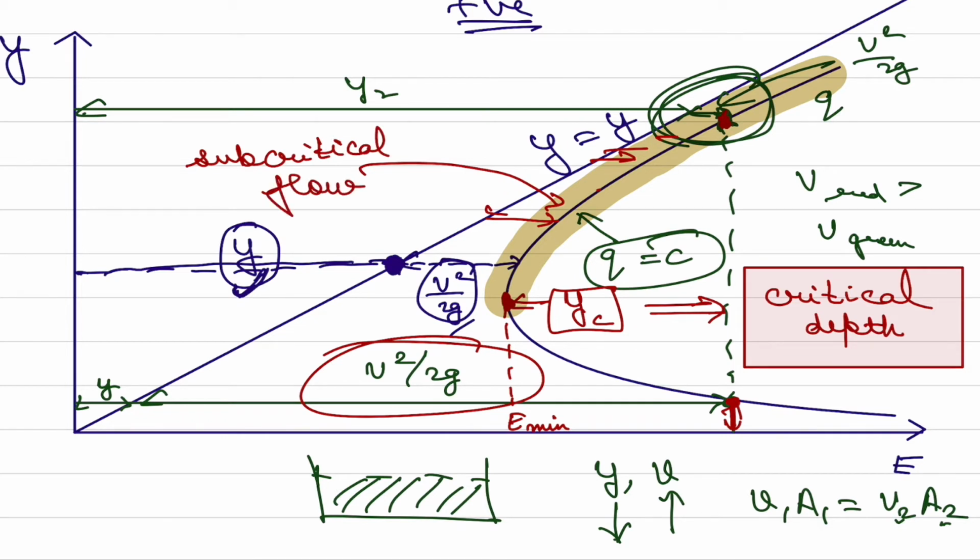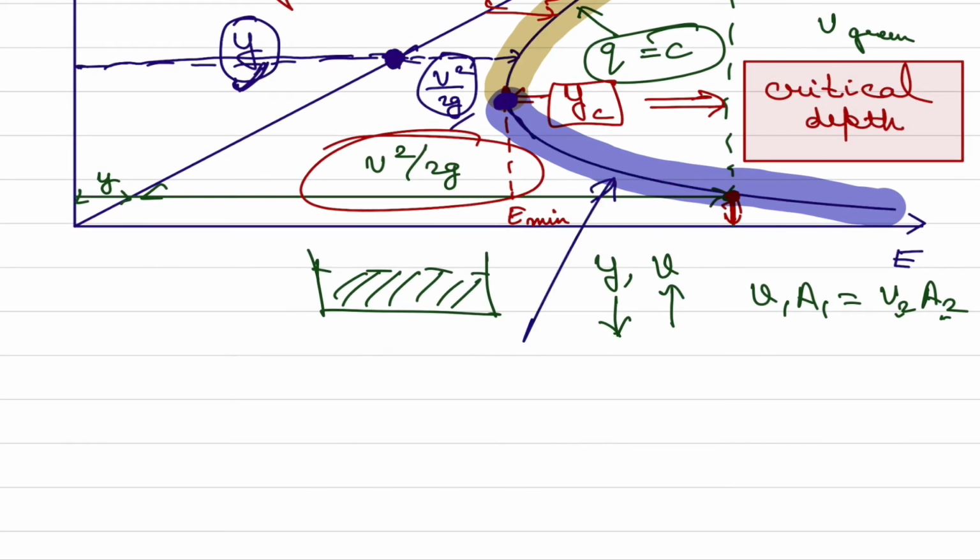Similarly, the area I am highlighting in blue, where velocity increases and height decreases, and which falls below this point of transition or critical depth, is supercritical flow.